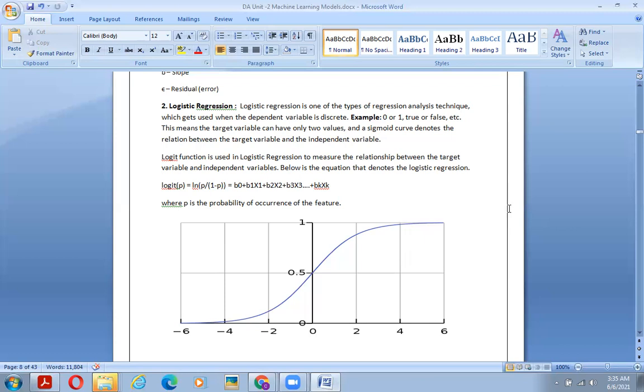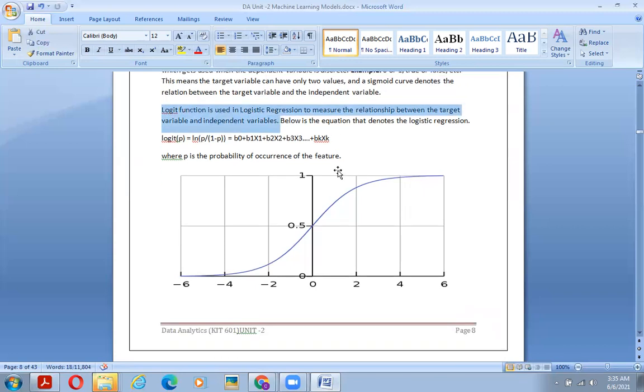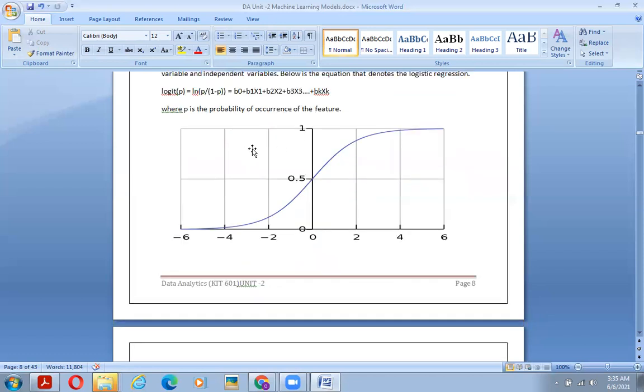Next is the logit function, which is used for logistic regression to measure the relationship between the target variable and independent variable. Below is the equation that denotes the logistic regression: logit(p) = ln(p / (1 - p)) = b0 + b1x1 + b2x2 + ... + bnxn, where p is the probability of occurrence of the feature.